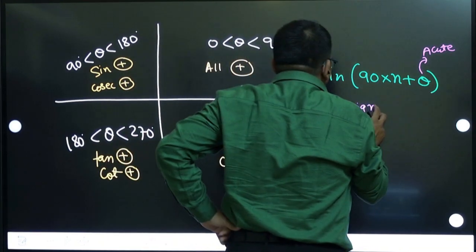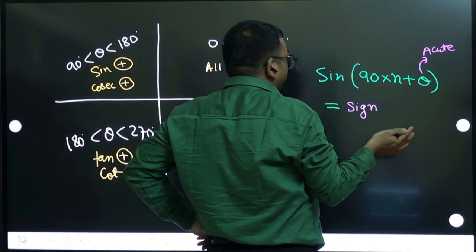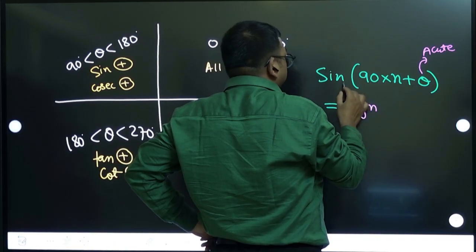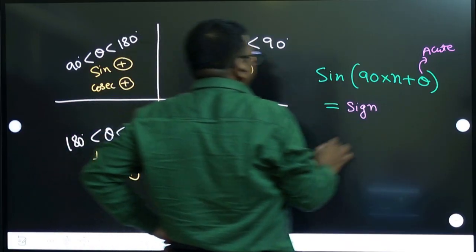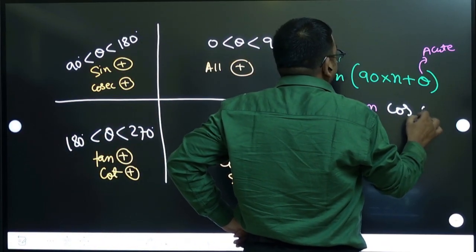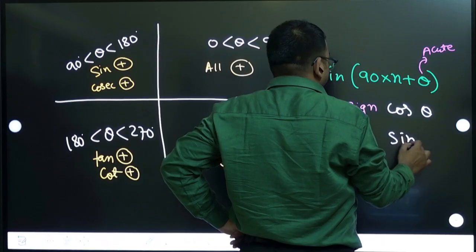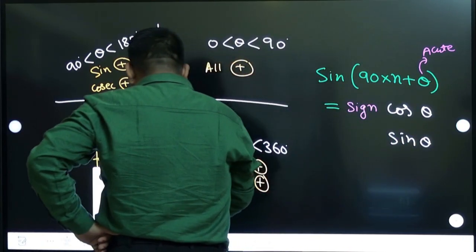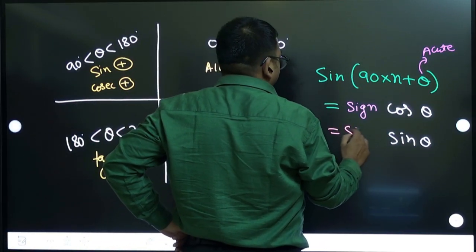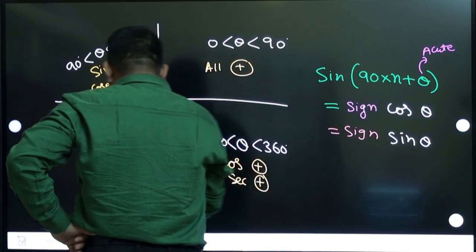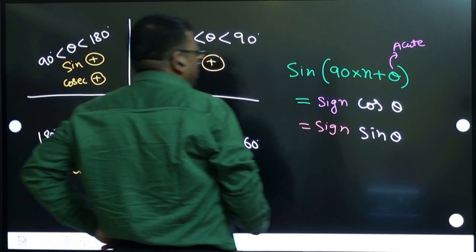So this sign will depend on which quadrant it is, and this theta has to be acute, right? And sine will convert into cos or will not convert into cos, depending on whether n is odd or even.